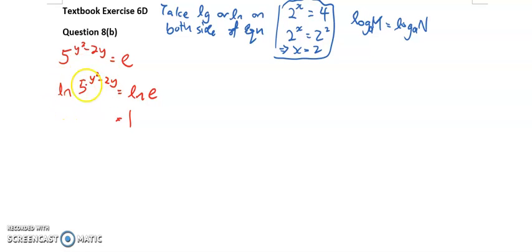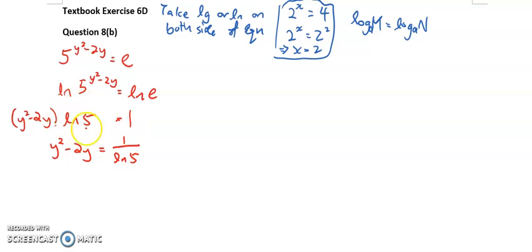On the left hand side, the power, we can use the power law to bring down y squared minus 2y, multiplied by ln 5. From this step, we can divide by ln 5 to get y squared minus 2y equals 1 over ln 5.